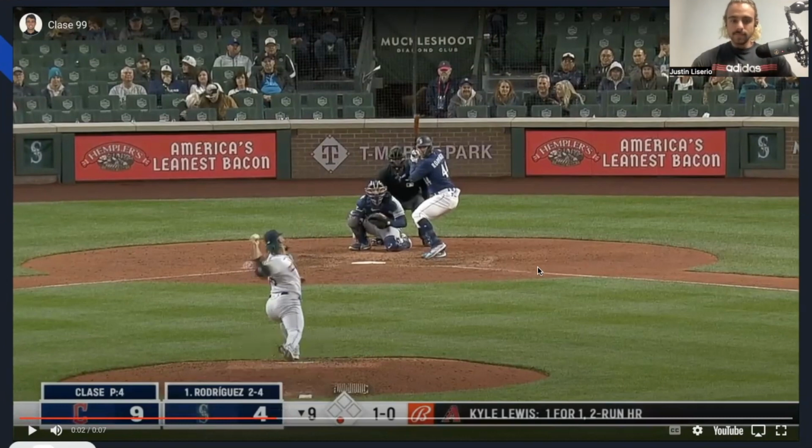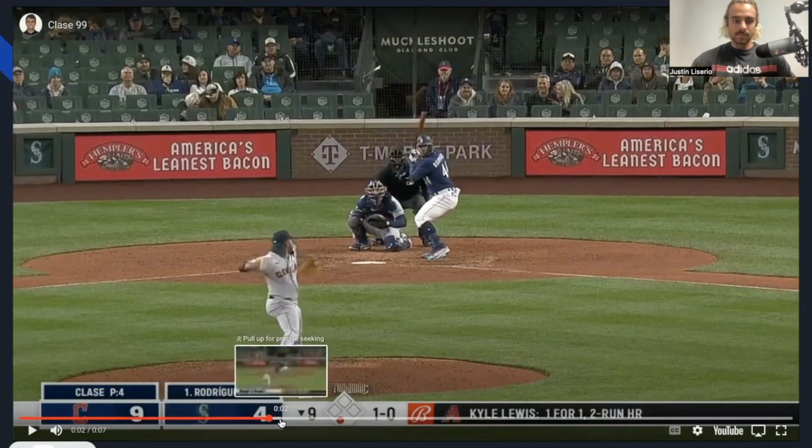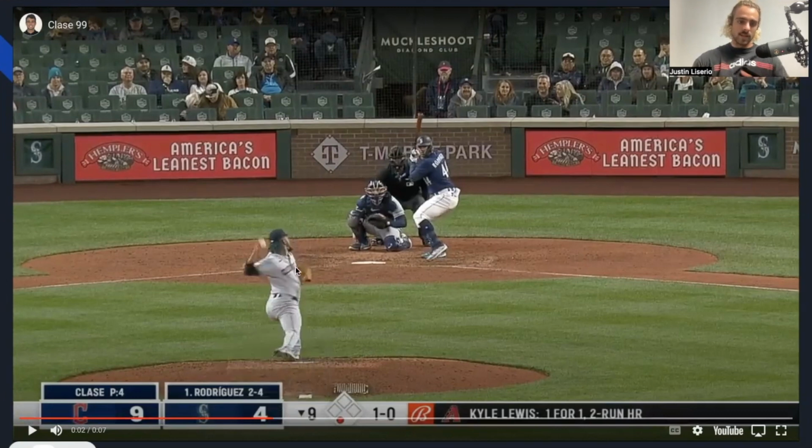So going back to what I was trying to say about Clase and me and Emilio having a conversation, it was looking at his torso angle. His pelvis is basically side to side, maybe a couple degrees open. Torso angle is more counter rotated.